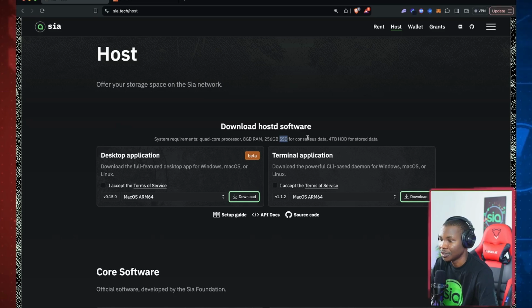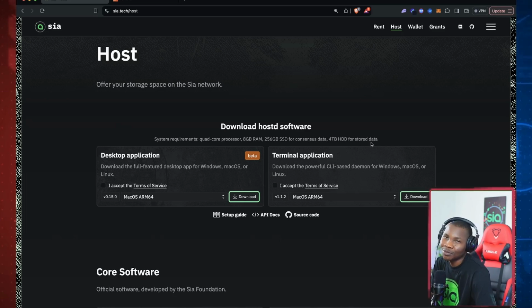That is for the blockchain synchronization. And then you have an additional 4 terabyte hard drive for storing your data, because that is where you store various people's data.